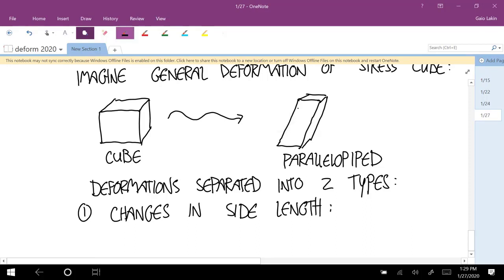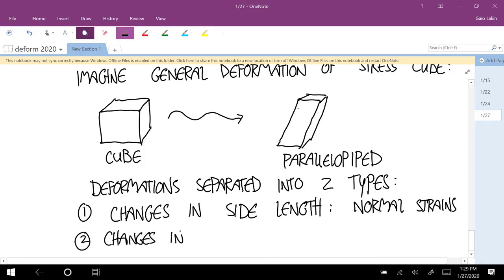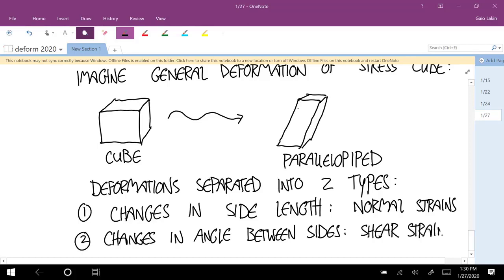And these changes are what we're going to call the normal strains. And there are changes in angle between sides. And that's what we're going to call the shear strains. So I'm going to define these two things separately.